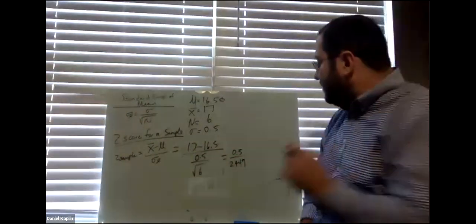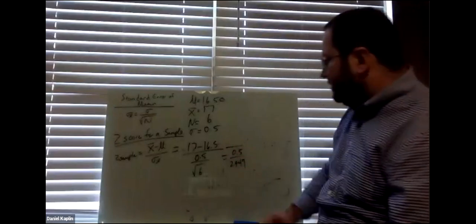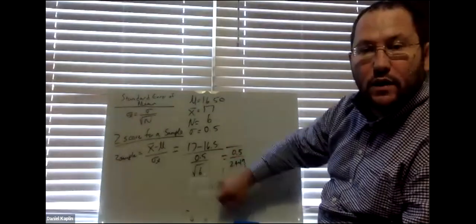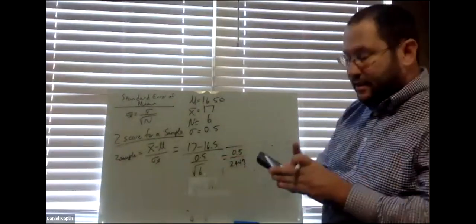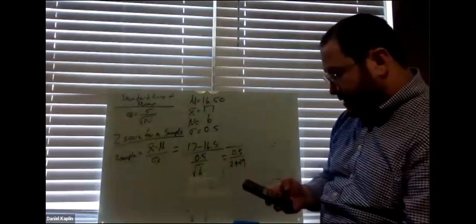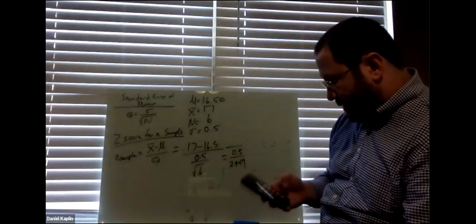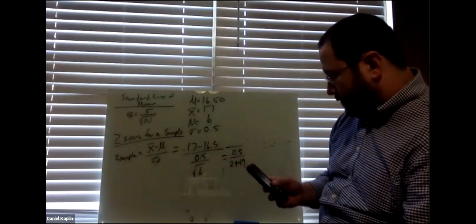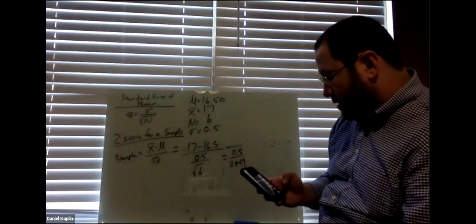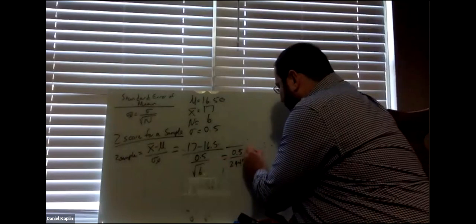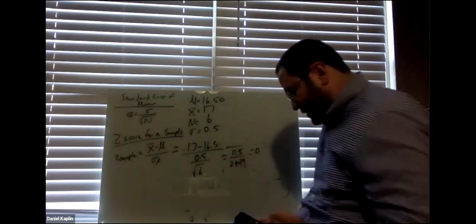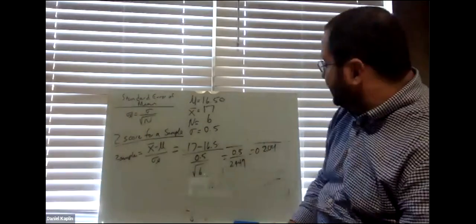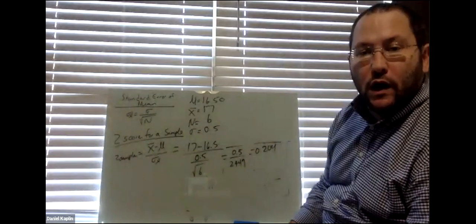By the way, this is just the denominator we're calculating, because we calculate the standard error of the mean first. So we do 0.5 divided by 2.449, and that gives us 0.204. So our denominator is going to be 0.204.